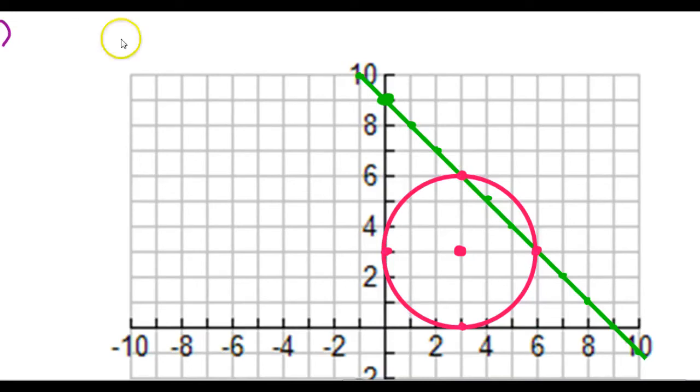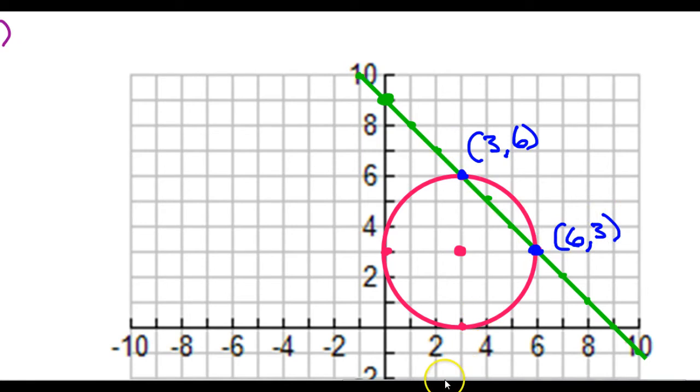So you can clearly see the intersection points are this point right here and this point right here. And so the coordinates are 3, 6 for this point, and this one is 6, 3.